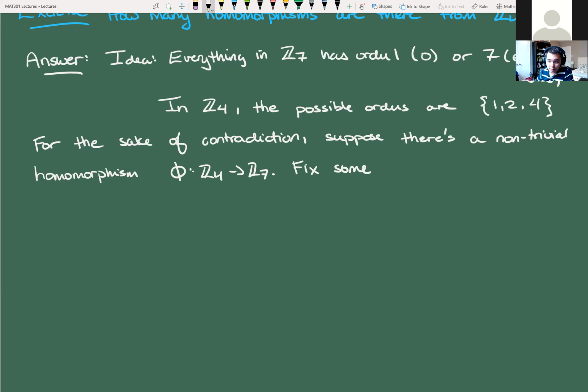So I'm going to say fix some element n, and I don't want this element to map to the identity, right? Because I don't want its order to be 1.